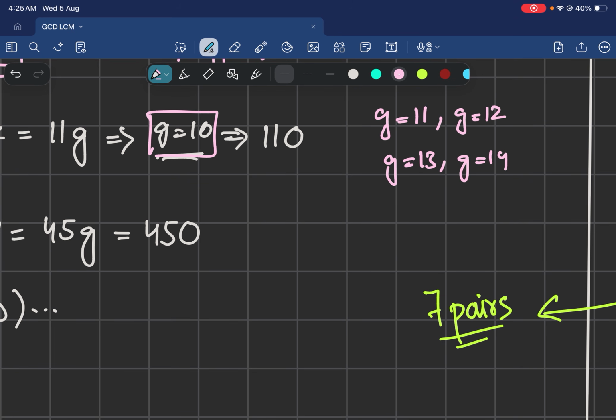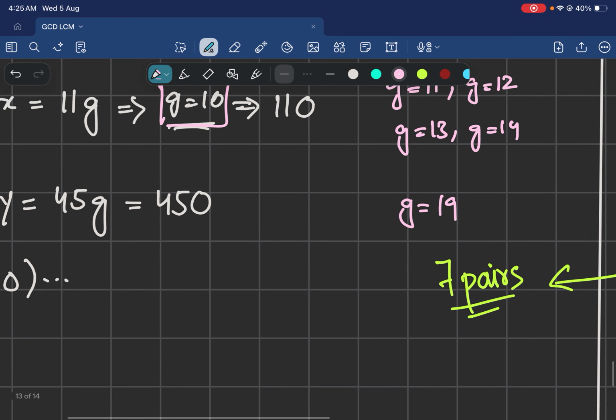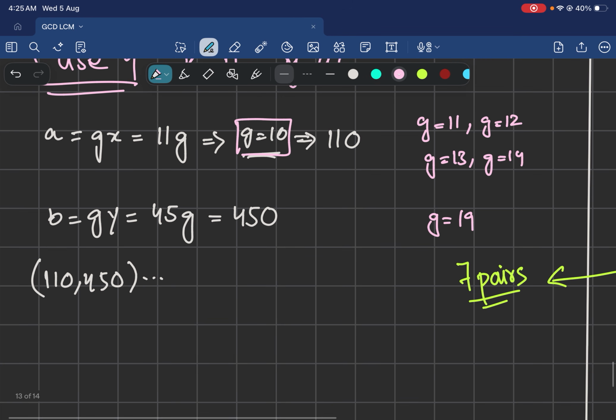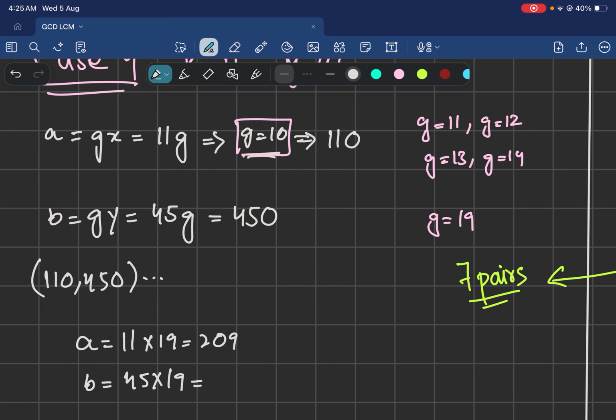Let me try g of 19 and see if that works. We know that a is equal to 11g. If g is equal to 19, then 11 into 19 is equal to 209, and b is equal to 45 into 19, which is equal to 855.